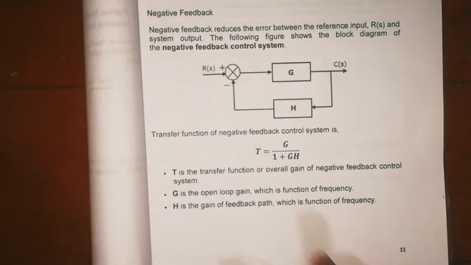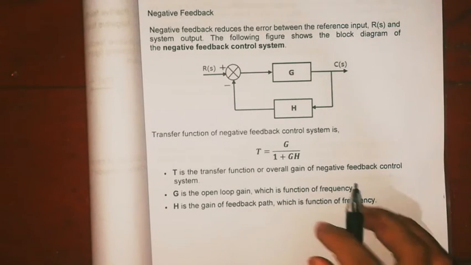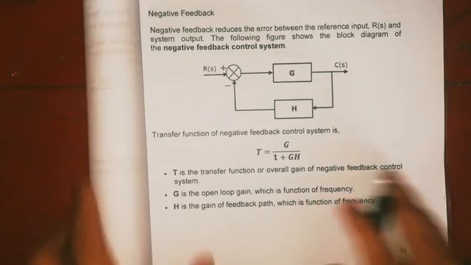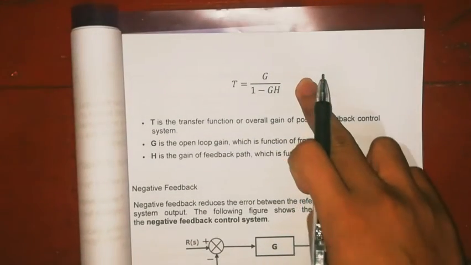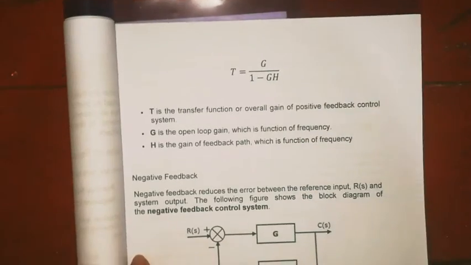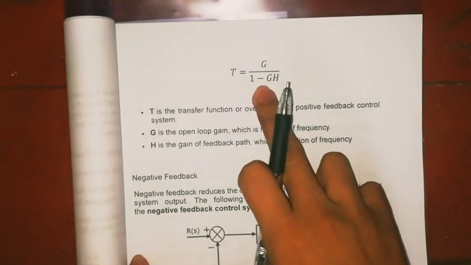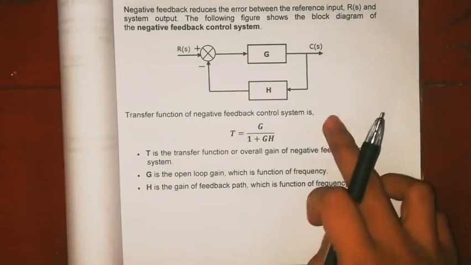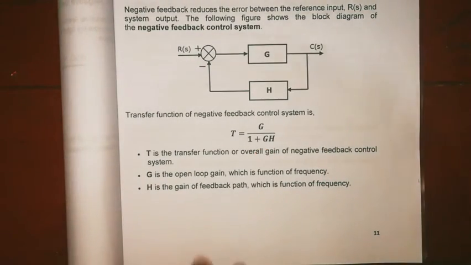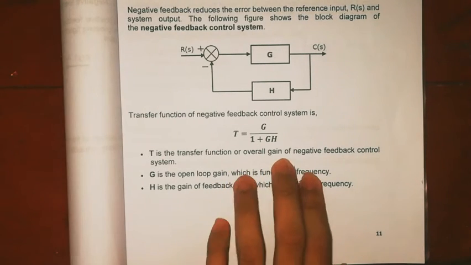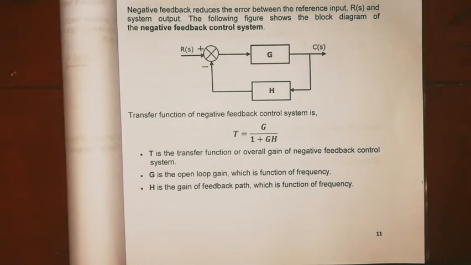So tandaan nyo itong dalawang formula. So ito for positive, sa opposite positive, opposite lang. Opposite sign. So, pag positive, minus. Then, pag negative, plus sa baba.